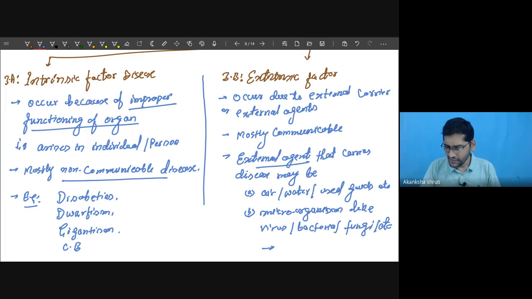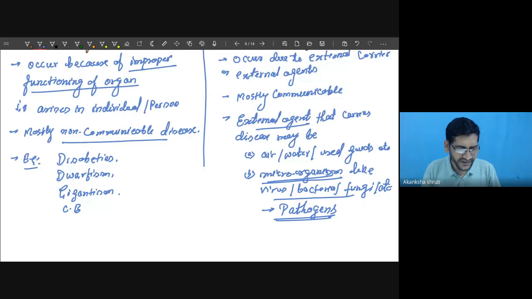Such small microorganisms which carry the disease are called what? Pathogens. So student, you have to keep this term in mind. It is asked in MCQs. Pathogens are the microorganisms which carry the disease from one person to another.